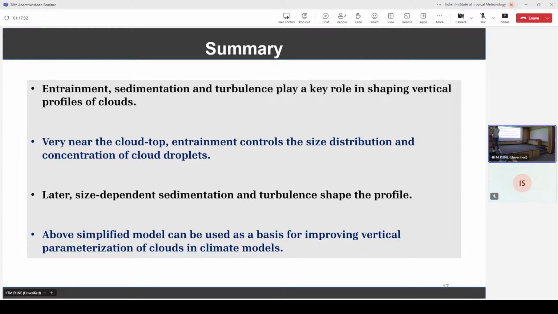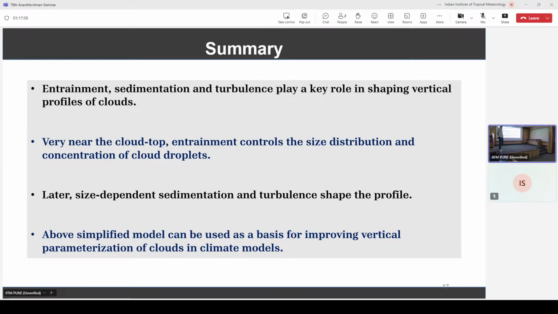Yes, that can be done. Okay, so I am just hoping how much data you can use for the numerical climate model parameterization. Because only sedimentation is what I got from your experiment. Only sedimentation is there. Yes. Okay. Thank you so much. Thank you, Surya.